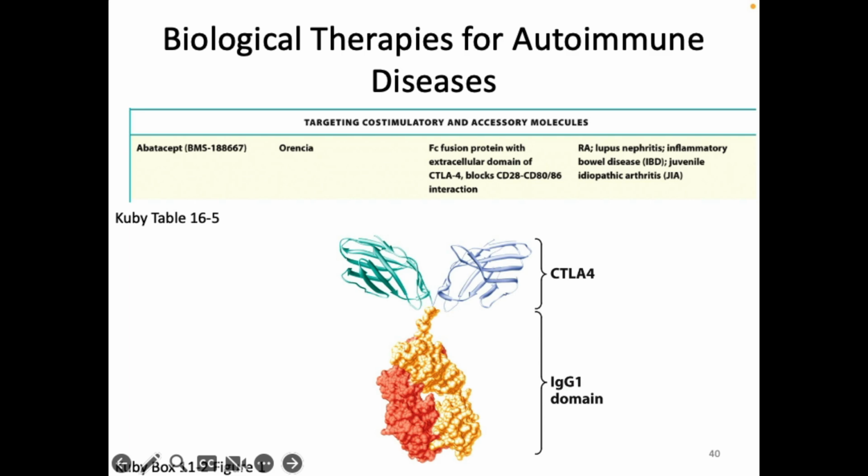And so if we have a lot of CTLA-4 in the body, it will bind to all the CD28, and now T cells can't get turned on. So we can't activate a T cell because we've blocked the CD28 B7 interaction.